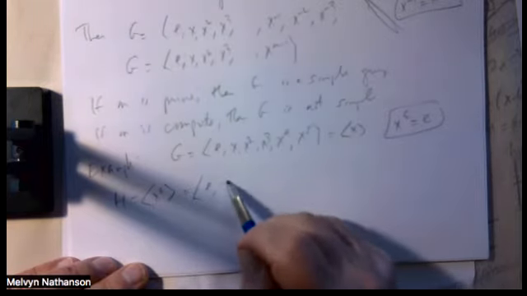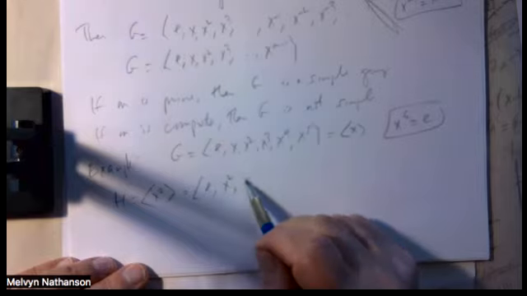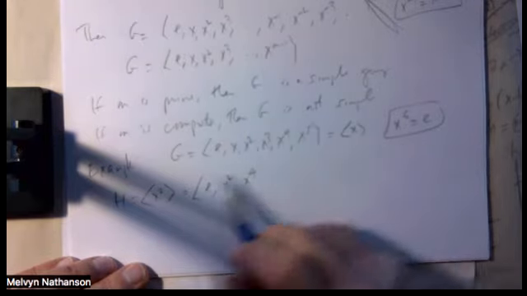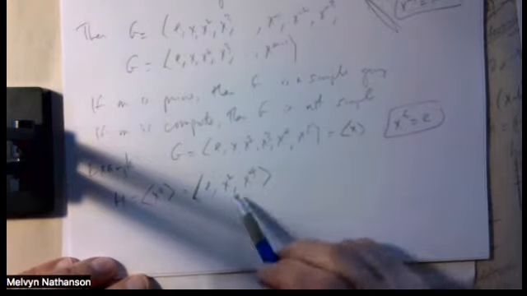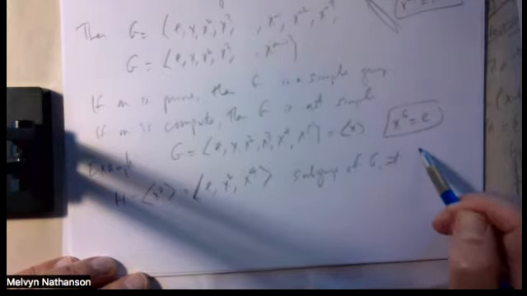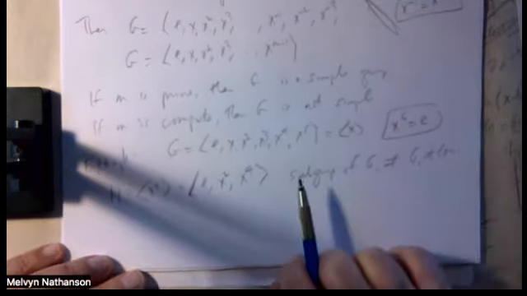So that's the identity, and you just take powers of X squared. X squared squared is X to the 4th. X squared cubed is X to the 6th, which is the identity. So this is a subgroup of G, and it's not equal to G, and it's not equal to just the identity.